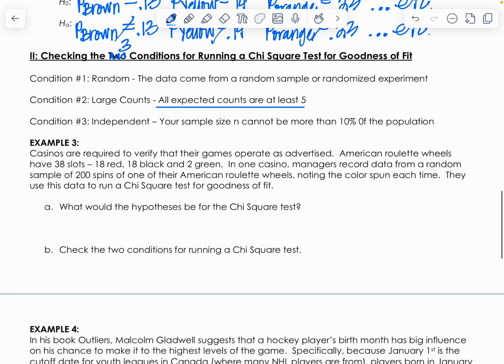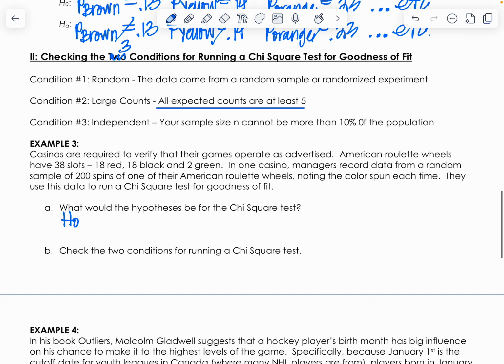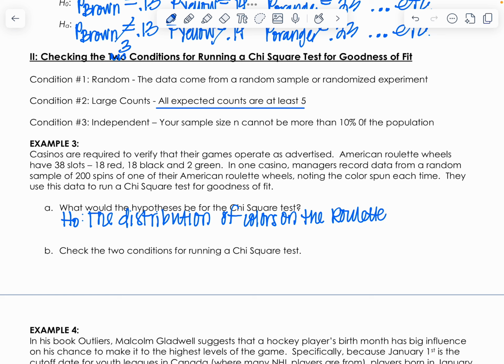So our null hypothesis here would say that the distribution of colors on the roulette wheel is correct.